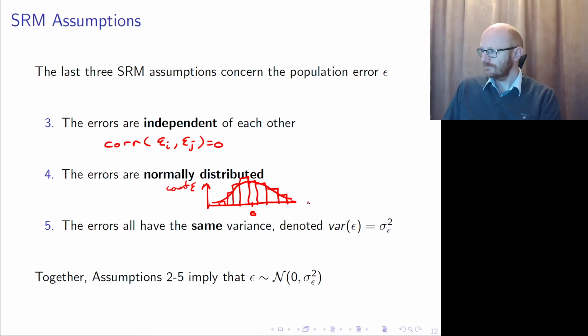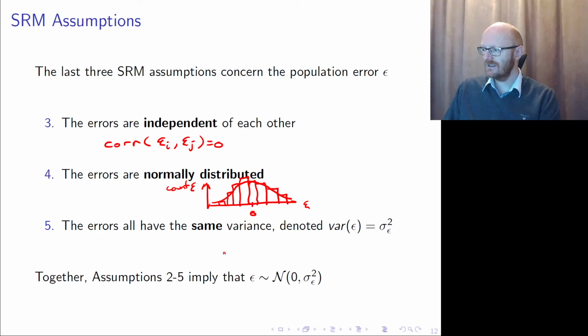And the last assumption is that all errors have the same variance. They are kind of drawn from the same normal random population, so to speak.